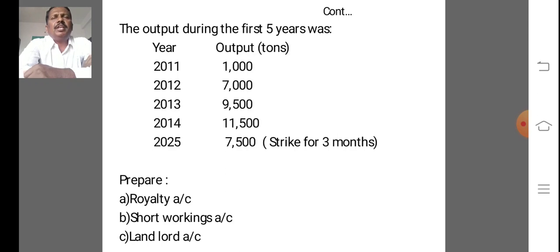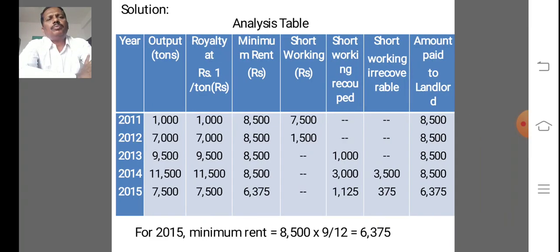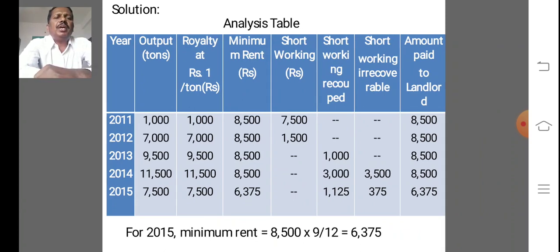Strike for 3 months. The question is, prepare royalty account, short workings account and landlord account. So based on the information, we are preparing royalty analysis table.